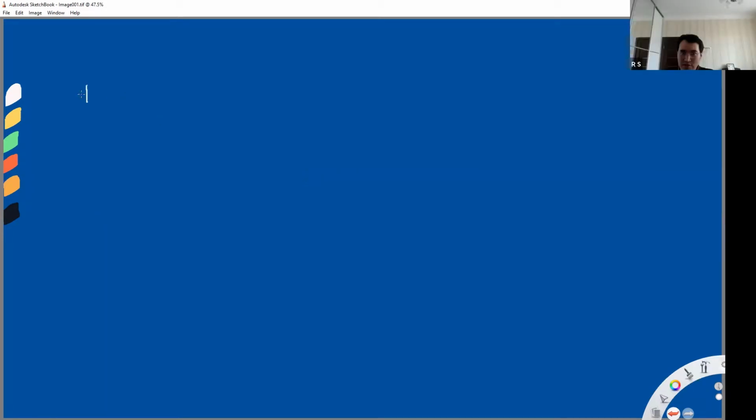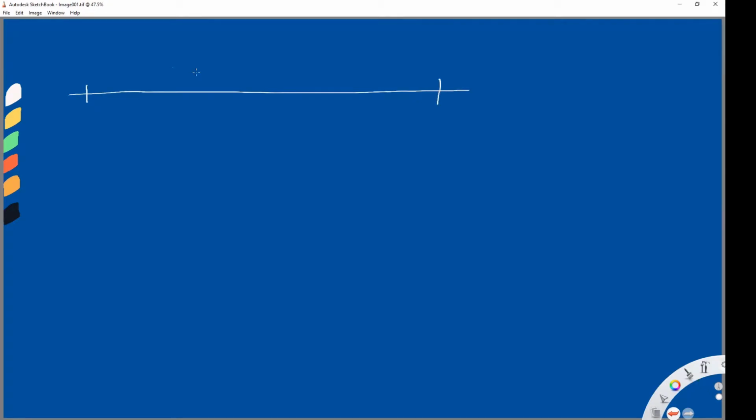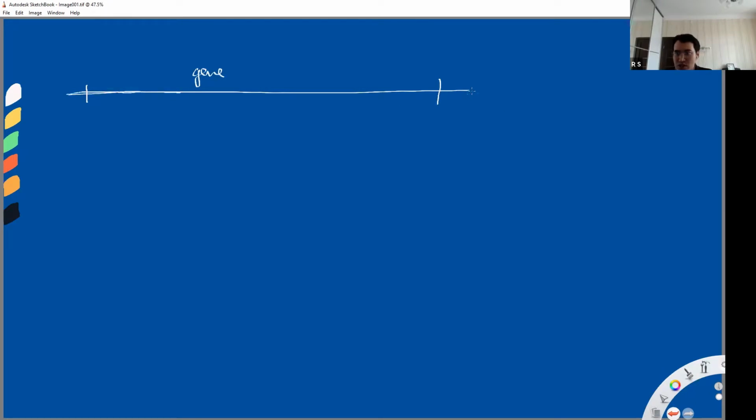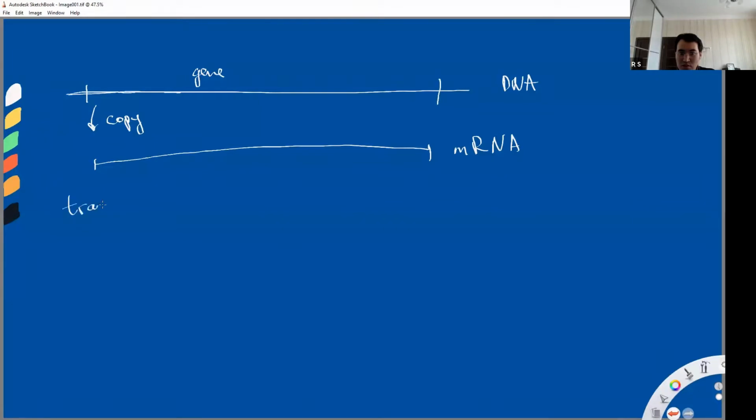So let's say you have DNA, and here is a gene. You cannot use this DNA directly because it's really huge. Yeah, it's a bank of all genes, okay? So to use it, you need to make a copy. And you make a copy of it with the mRNA production. This process of copying is called transcription.